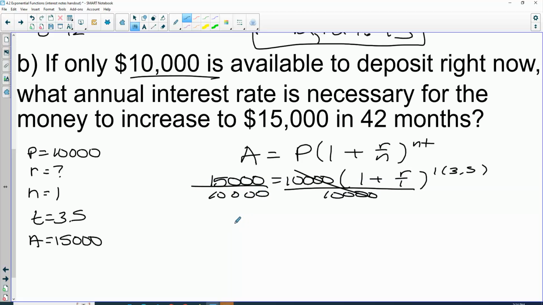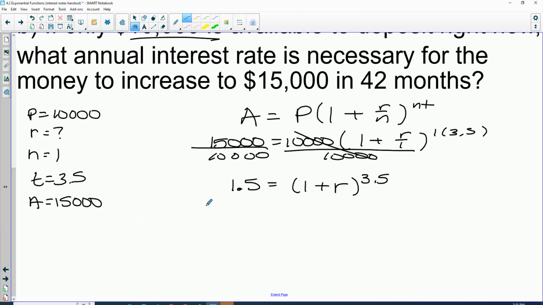So 15,000 divided by 10,000. 1 plus R divided by 1 is R. 1 times 3.5 is 3.5. How am I going to solve this for r? Yeah, we have to get rid of the exponent. So the opposite of an exponent is to do a radical.